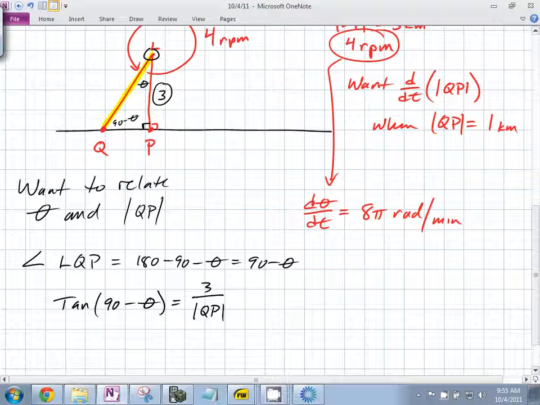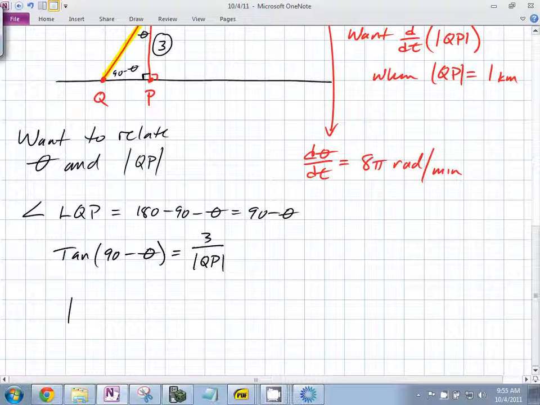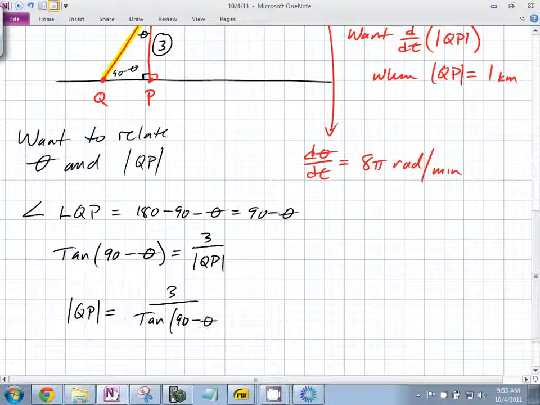QP is changing. It's at that specific instant that we want to find the rate of change of QP. This tells us that the magnitude of QP is equal to 3 over tangent of 90 minus theta. We have a relationship between the two.